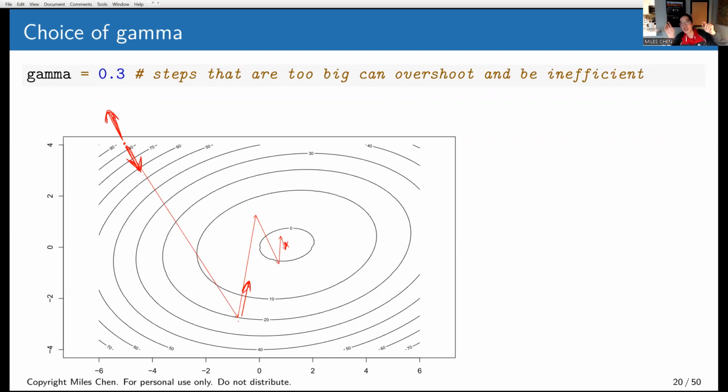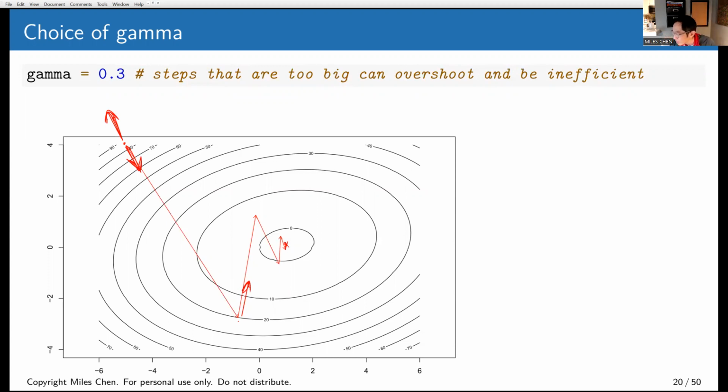Now my gradient is even steeper, and it says you need to go in the opposite direction. My gradient is even bigger, so my step gets even bigger, and I end up on the opposite side, even farther up the hill.